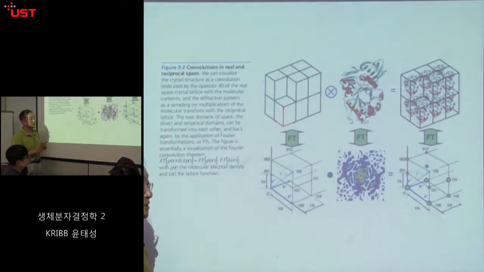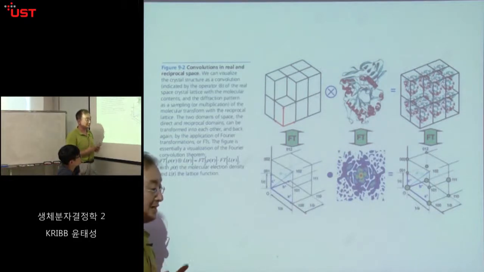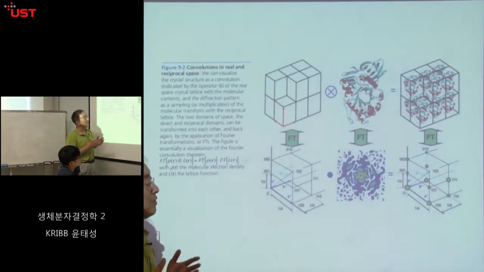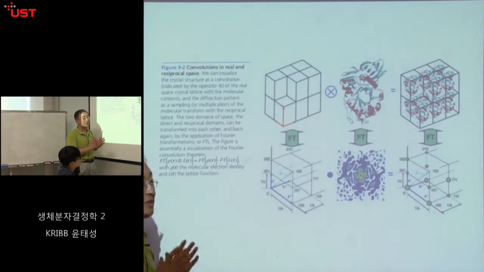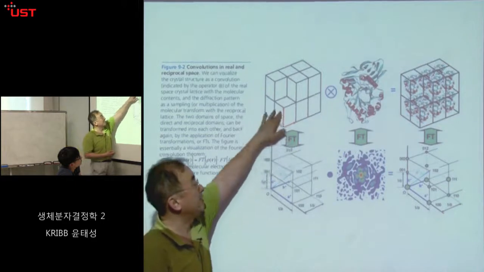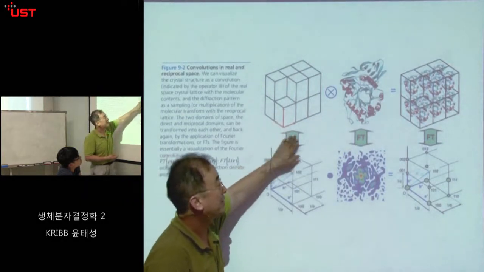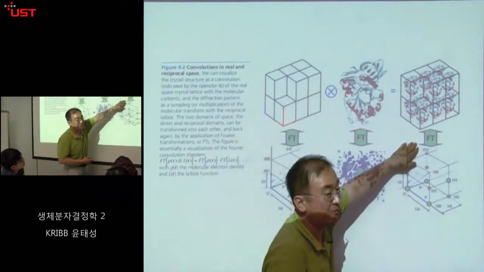So this is a little bit tricky, but this is the very core concept in crystallography. Beyond this, no more secrets, no more difficult mathematics. That's all. But once you capture the meaning of this transform pair, this one, Fourier transform pair.